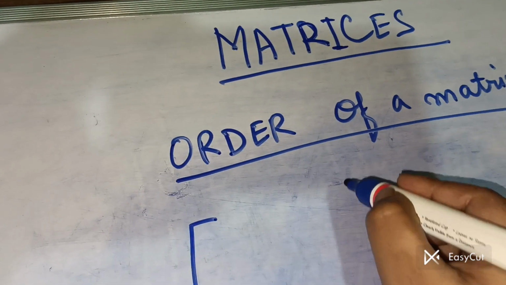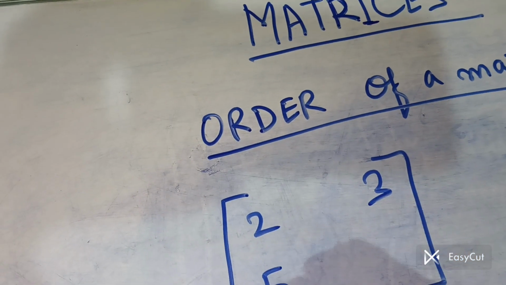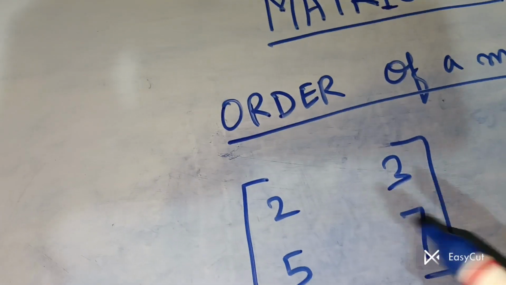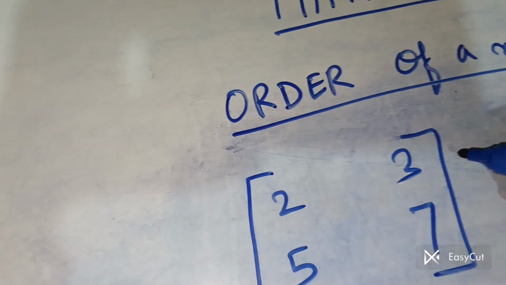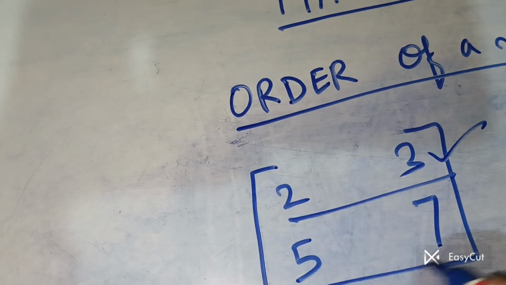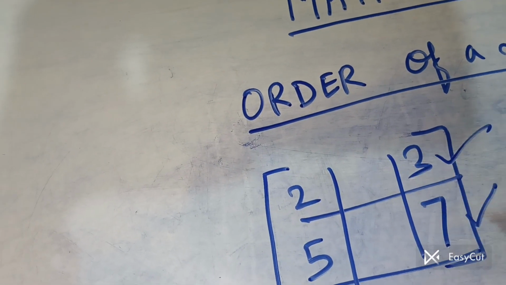Suppose consider a matrix with the elements 2, 3, 5 and 7. We can see that 2 rows are there. This is the first row and this is the second row. And also we can see that there are 2 columns, isn't it?